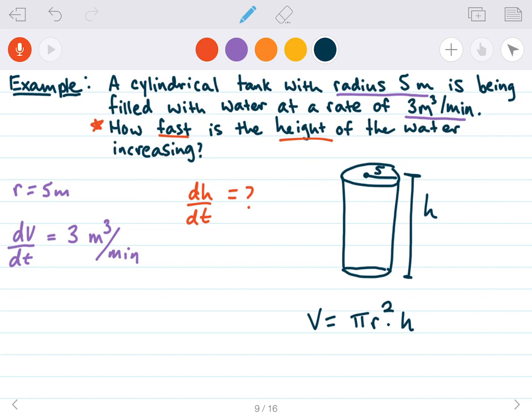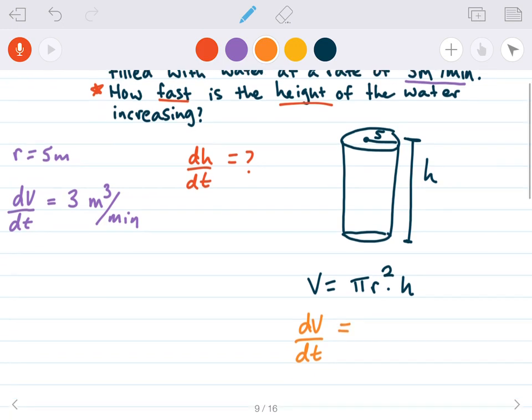And now what I need to do is take the derivative of both sides. So if I take the derivative of the left side, I just get dV/dt. And if I take the derivative of the right side, well, I have a product. I have pi r squared times h. So I need to use the product rule because I have two variables, r squared and h, with pi being the constant in front of r squared.